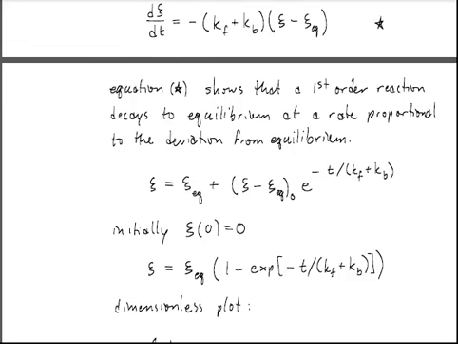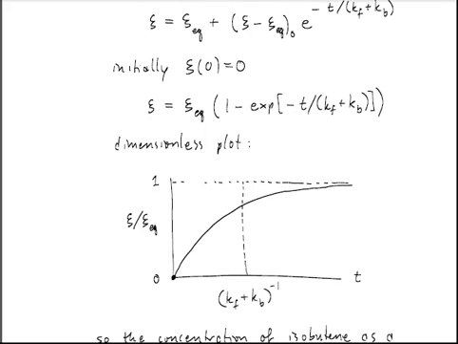Initially the extent of reaction is 0. That's just the way we usually define things: no reaction has happened at the initial time. So you can write xi equal to xi equilibrium times 1 minus the exponential of this decay with the time constant that's popped up in this equation.